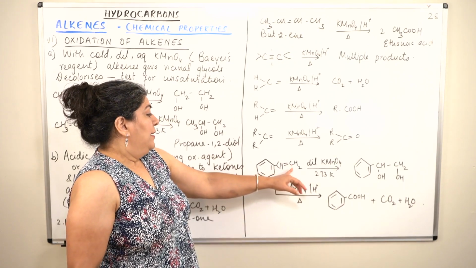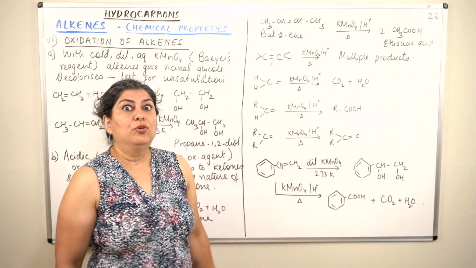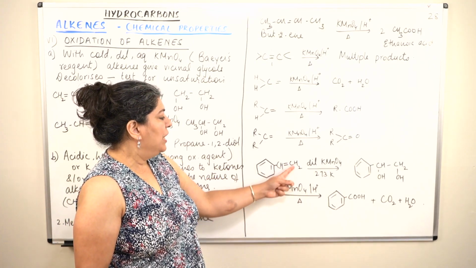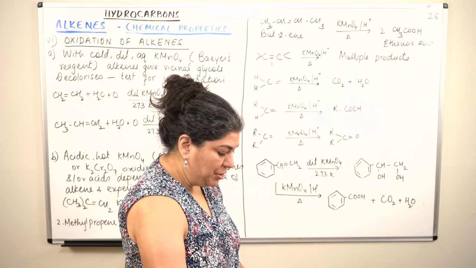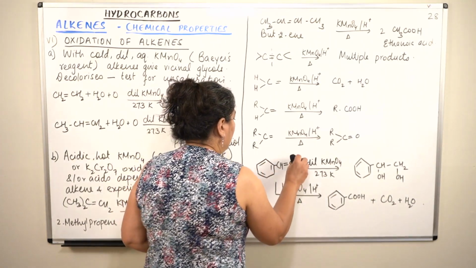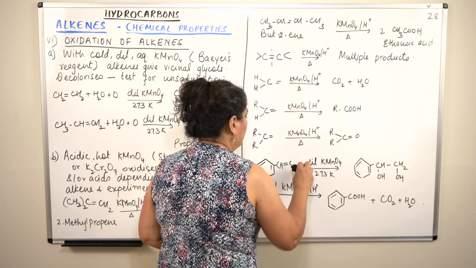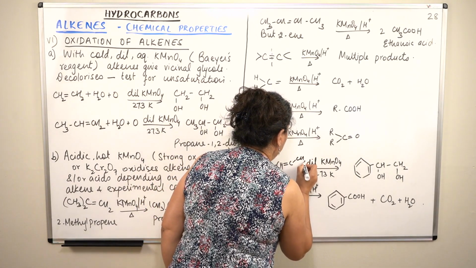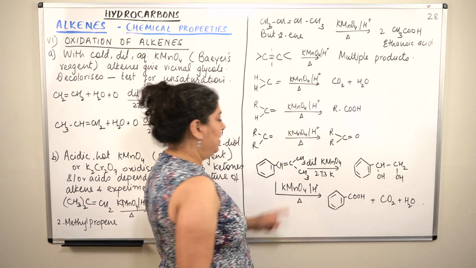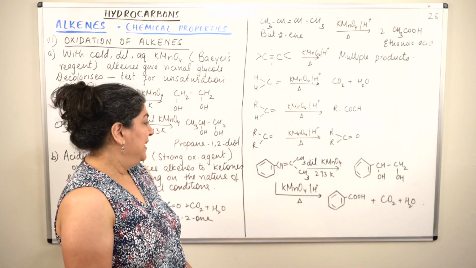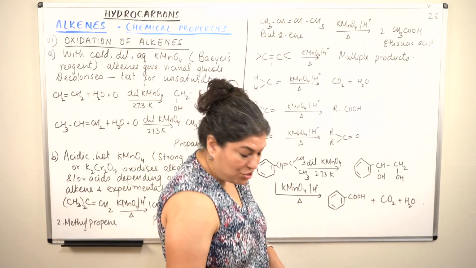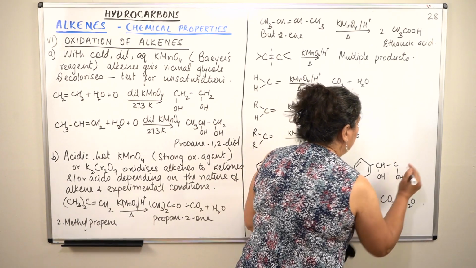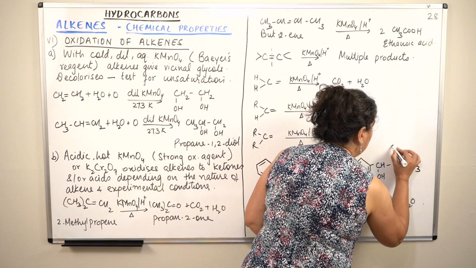If this carbon was attached to two methyl groups, let us assume, what would you have got? Let me just change this here now. If it was CH3, CH3, then instead of the CH2 here, you would get CH3, CH3.